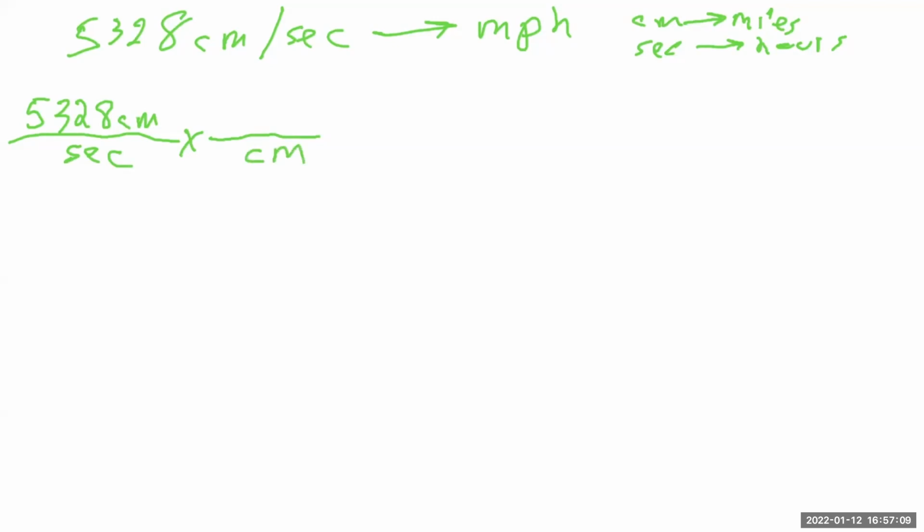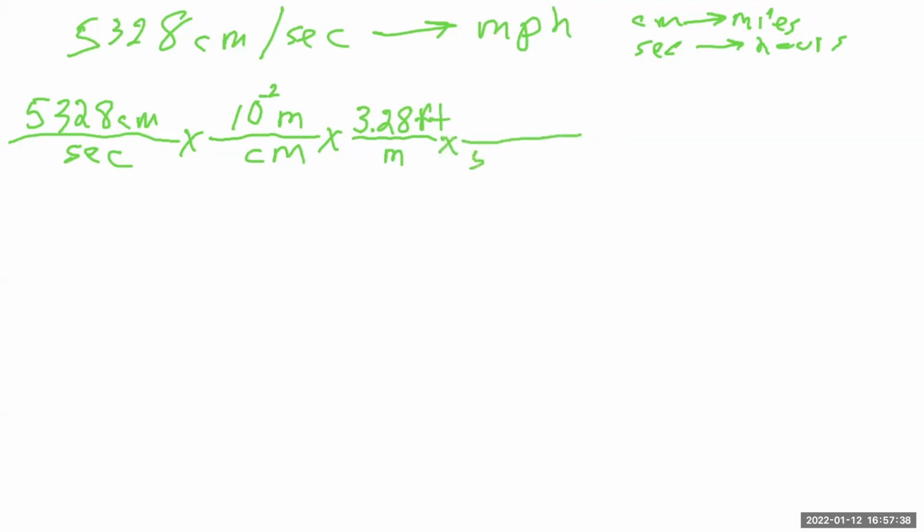And centi is, instead of writing C, I can write 10 to the -2 meters. So now we got meters. I want to eventually get that into miles, so you got to go into the English system now. I know there's 3.28 feet in a meter. So the meters go on the bottom, then 3.28 feet. And on the bottom, we go to feet.